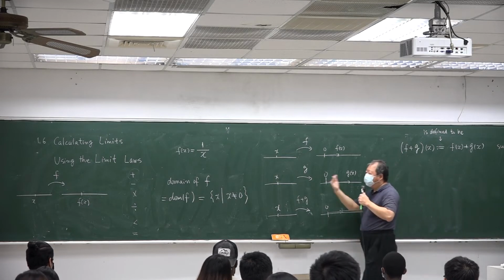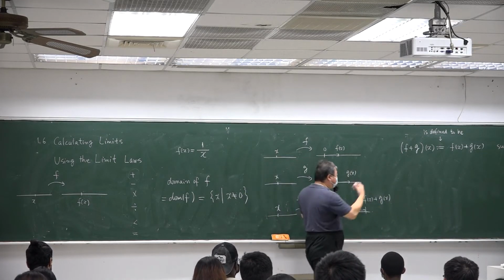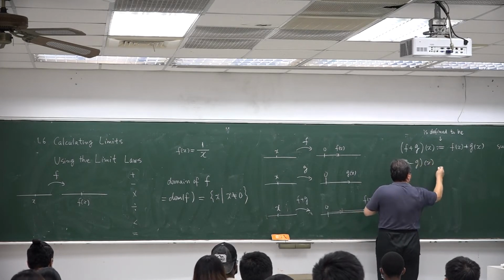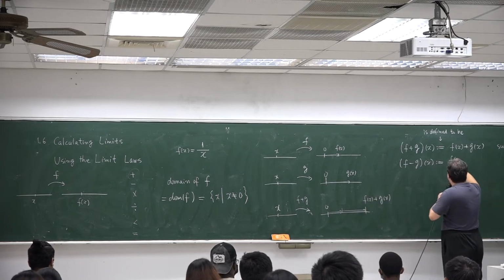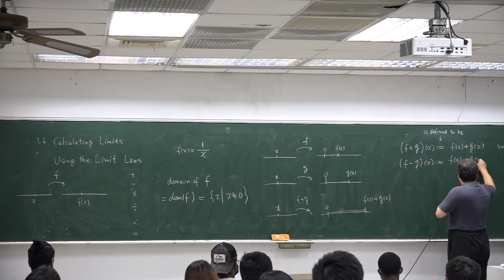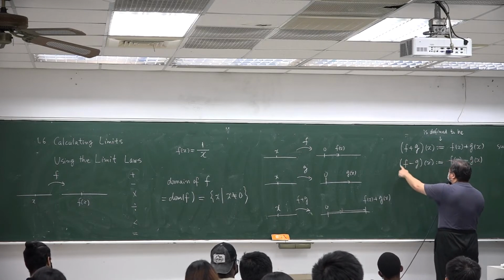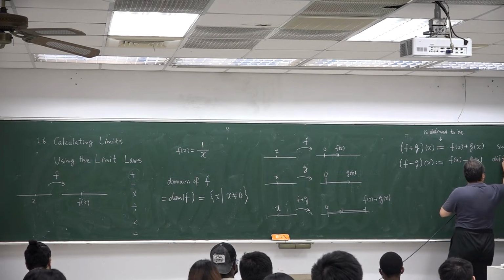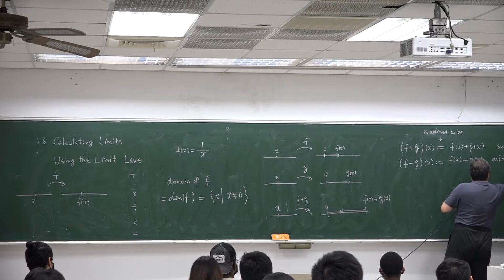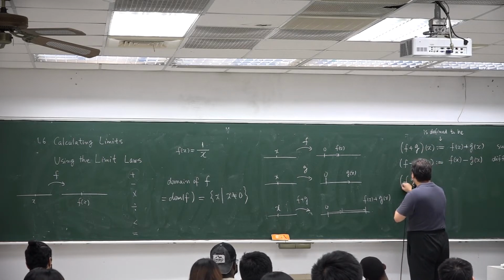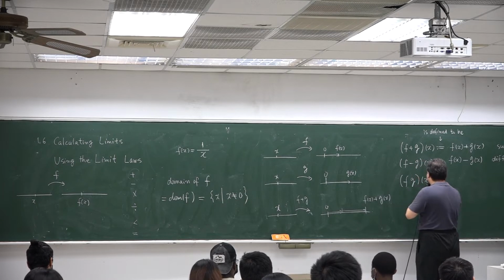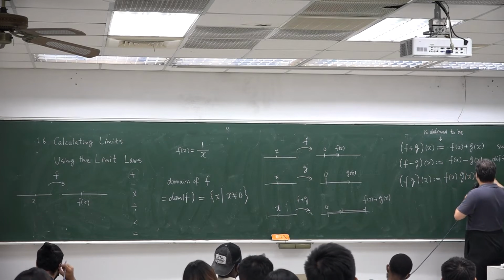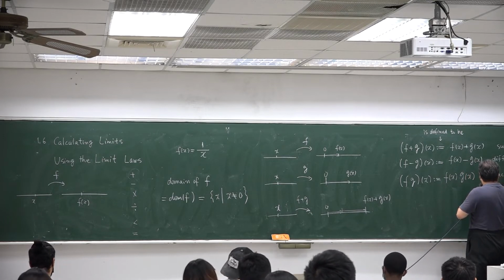Similarly, we may consider the difference, defined to be f of x minus g of x. This one is called the difference of the functions f and g. Of course, we define the product of f and g to be f of x times g of x. Also the quotient.